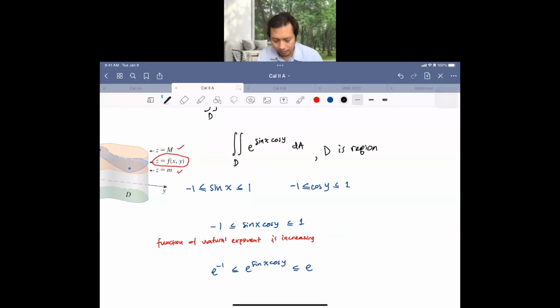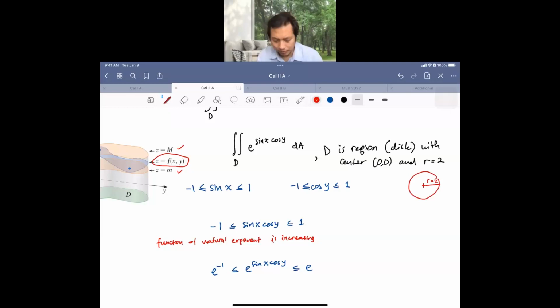D is a region, the disk with center 0, 0, and radius equal to 2. So it's a circle with radius 2.